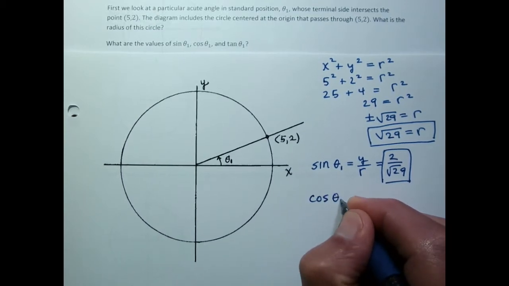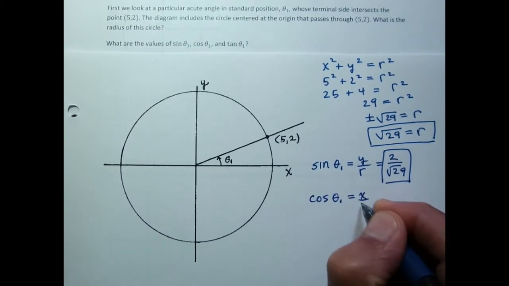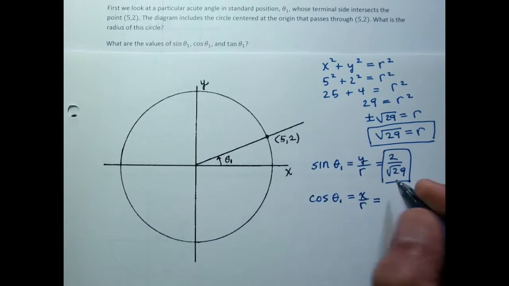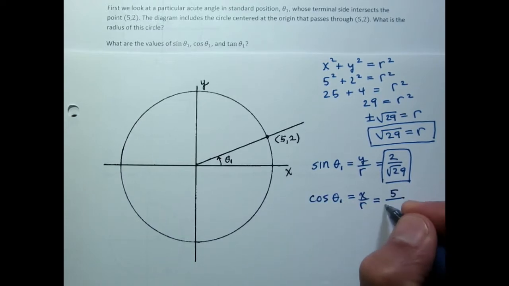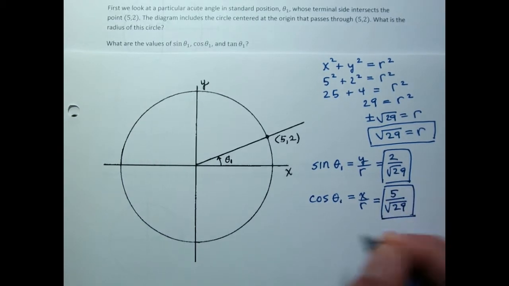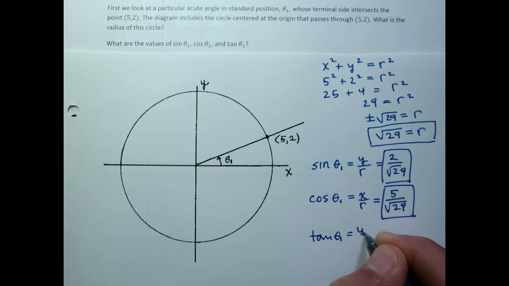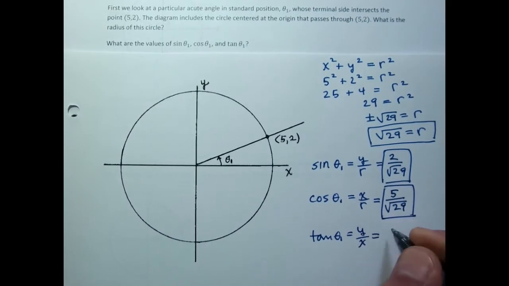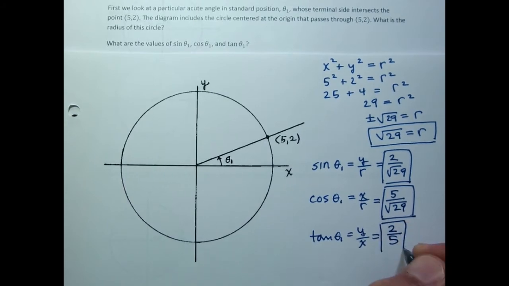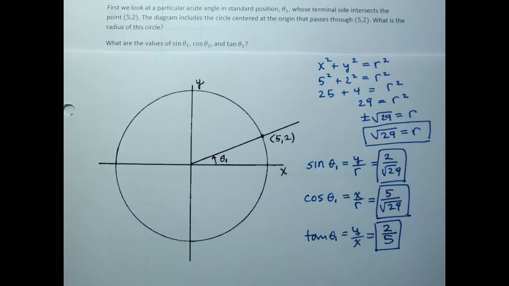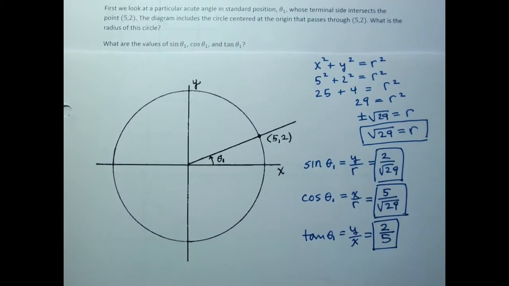Cosine of theta 1 is x over r, which is the x coordinate of that point, 5, over the radius, square root of 29. And tangent of theta 1 is y over x, which is the y coordinate of the point, 2, over the x coordinate 5. 2/5 is tangent of theta 1. So there we got our sine, cosine, and tangent of theta 1.